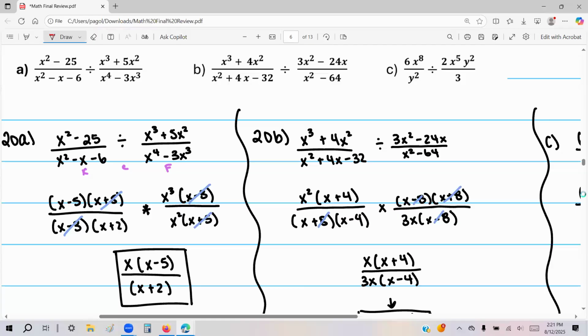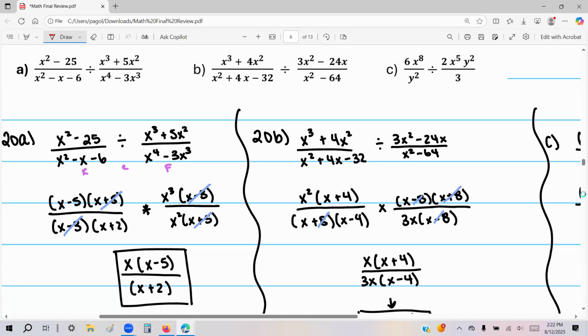The division turns into multiplication because we are flipping. So the numerator goes to the denominator and the denominator goes to the numerator. And then you factor. Or you can factor and then flip. It's up to you.